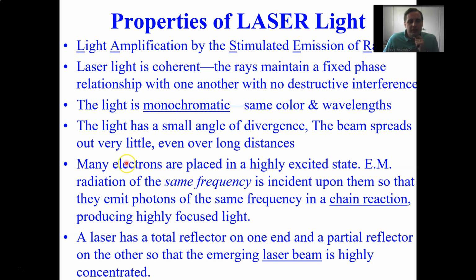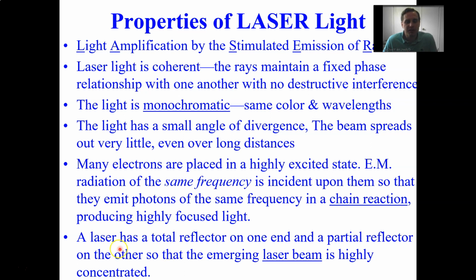In order to produce laser light, many electrons are placed in a highly excited state. Electromagnetic radiation of the same frequency is incident upon them so that they emit photons of the same frequency in basically a chain reaction, producing highly focused light. Now, by the way, the details are a little more complicated than that, but I'm giving you the basics of how this works.